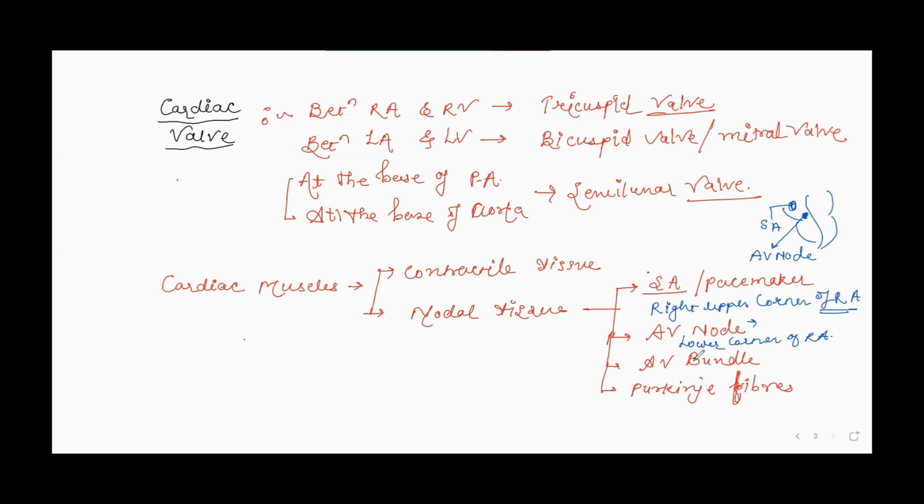Due to that, one cardiac cycle is completed, and this cardiac cycle is completed in 0.8 seconds. Got it? Now, how will this cardiac cycle work? We will study this in our next topic or next class.